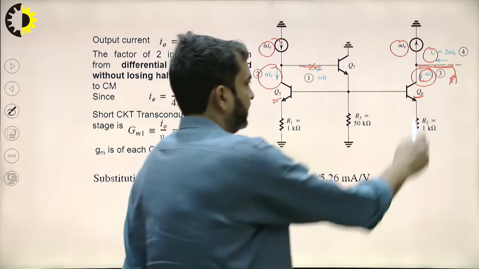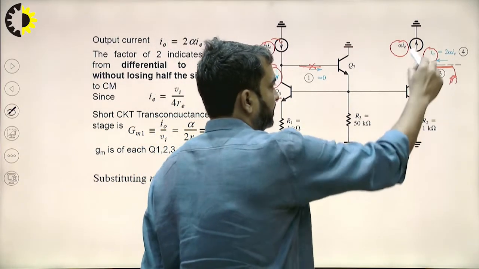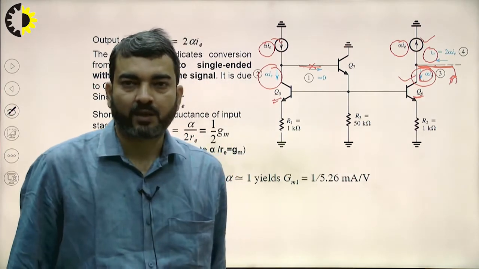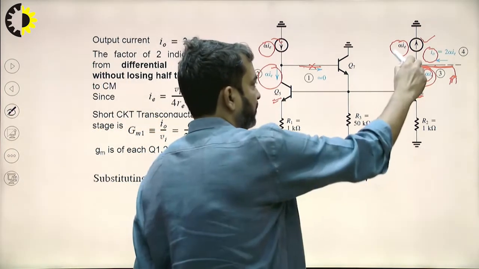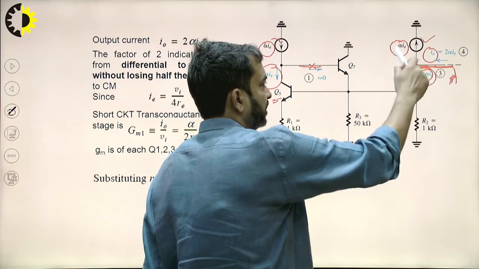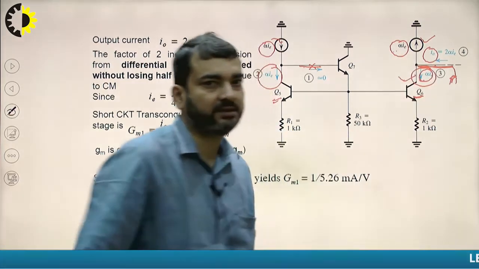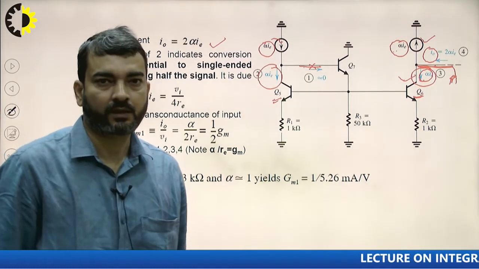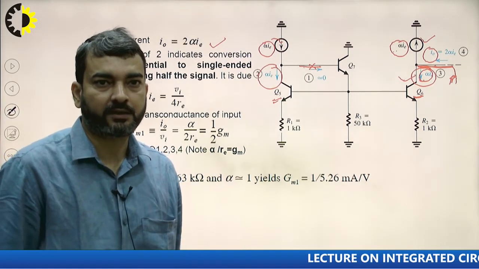So the net current, total current I naught, will be the sum of this current and this current. Both the current magnitudes are equal, so I naught is 2 times alpha IE. So this is the total current.